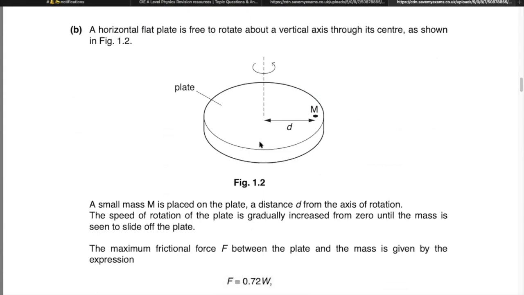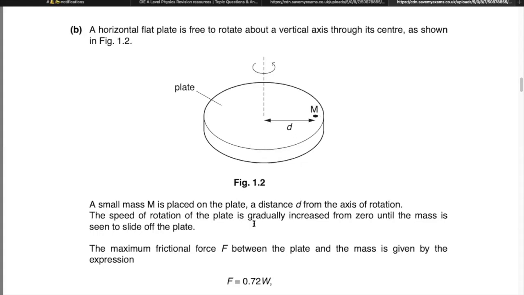Now they have placed a small mass m on the plate, a distance d from the axis of rotation. The speed of rotation of the plate is gradually increased from 0 until the mass is seen to slide off the plate. So they're basically increasing the speed, and they want to see it at the very edge.